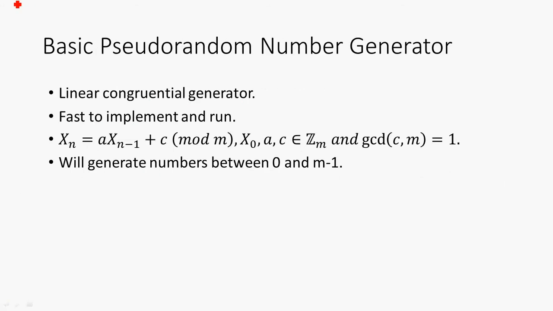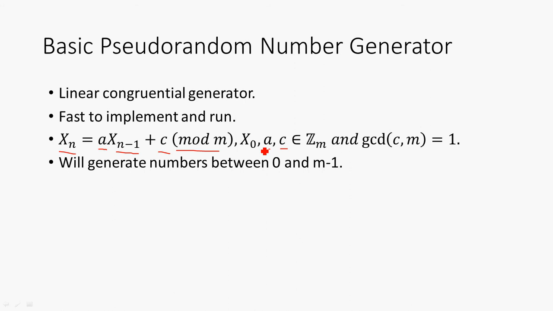Okay, so a basic pseudo-random number generator is going to take this form here. It's pretty fast to implement and run. It's going to take the form x of n is equal to a, where a is some integer, times x of n minus 1, which is the previous term, plus c, some other integer. And this is all going to be done mod m.